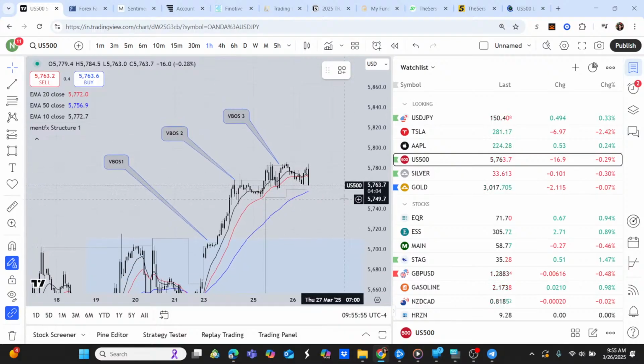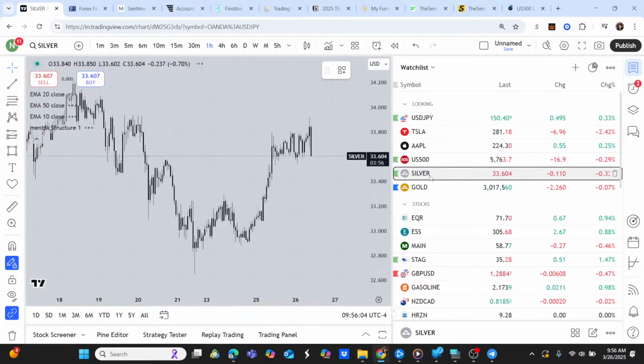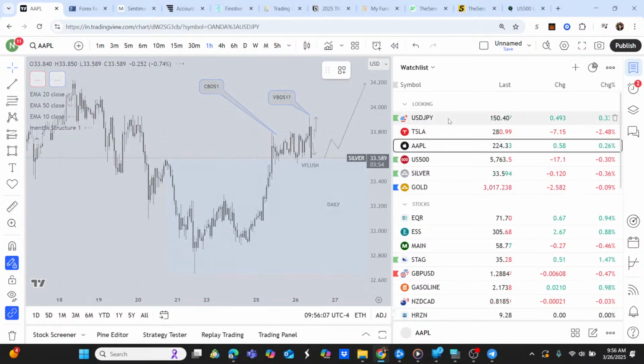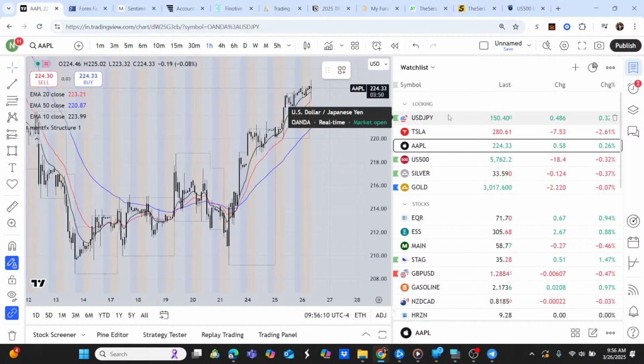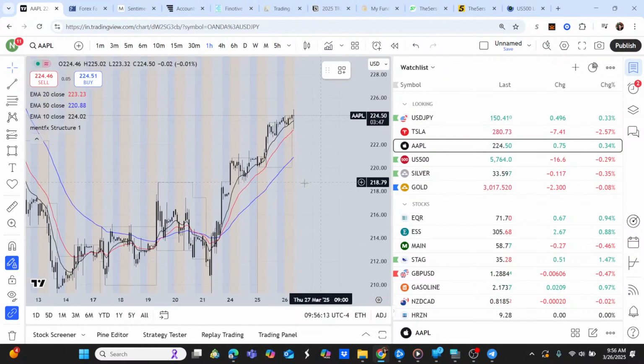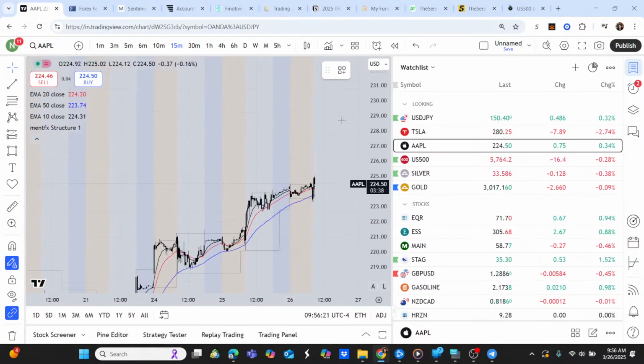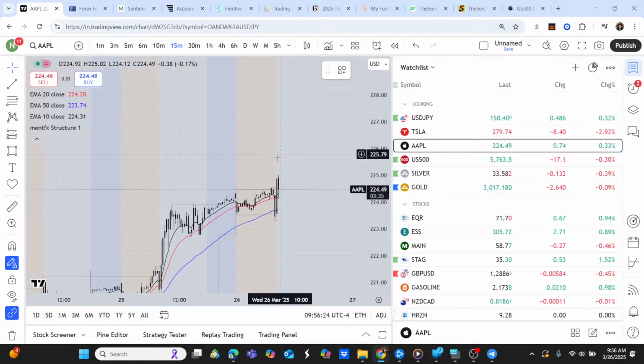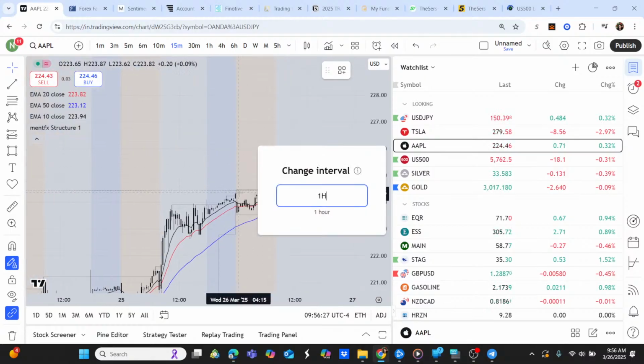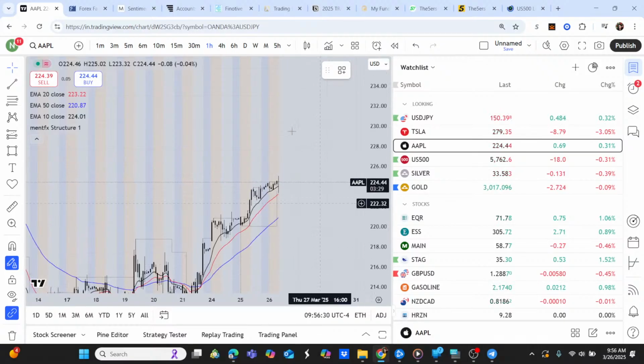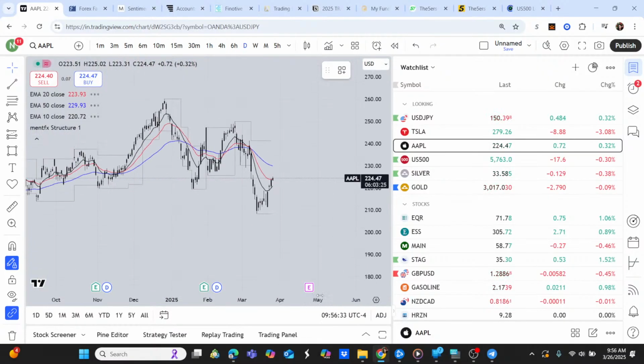Looks like it's flushing right now. Good in this context.